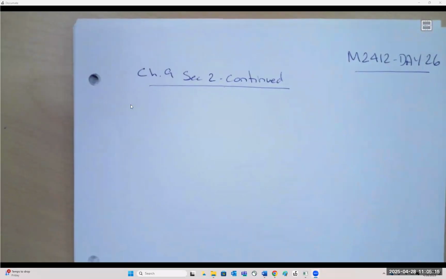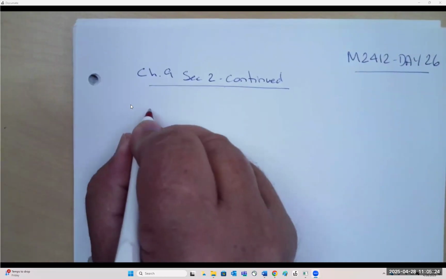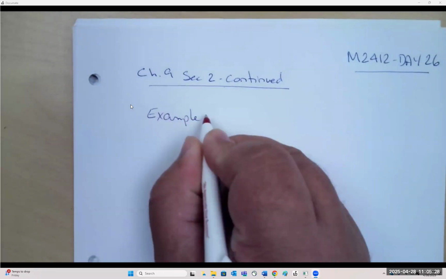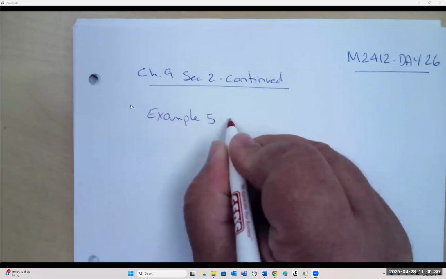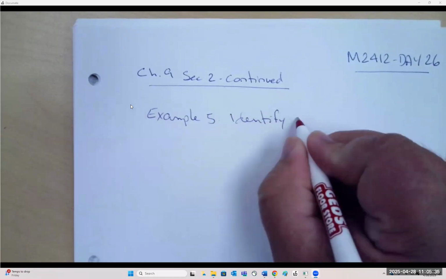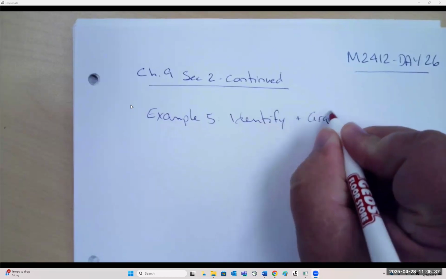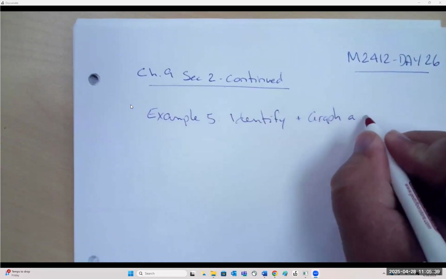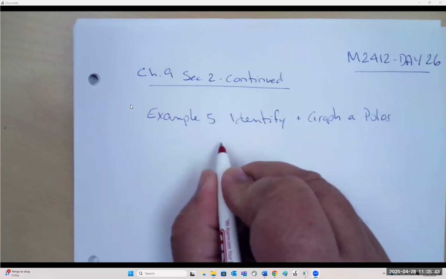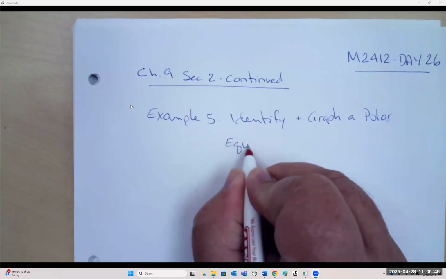Let's go ahead and finish up chapter 9, section 2. We started last time. Let's look at example 5 first. I don't know if we did this one or not, but let's look at polar equations of circles.